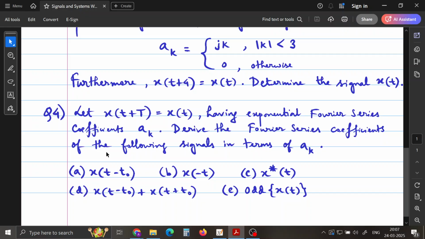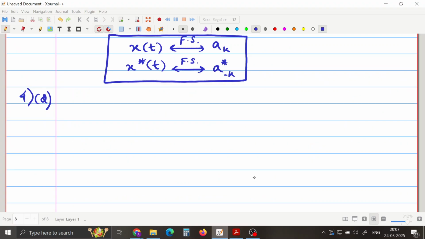So what we have is x of t minus t naught plus x of t plus t naught. You can now use linearity and come up with your new Fourier series coefficient. That's exactly what we are going to do.